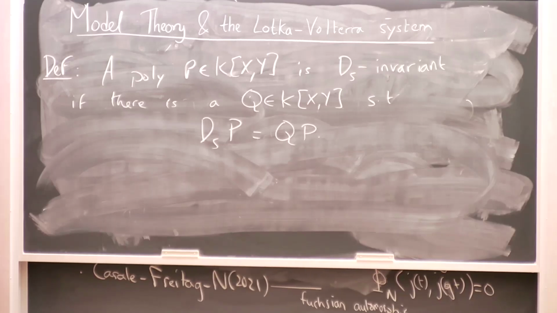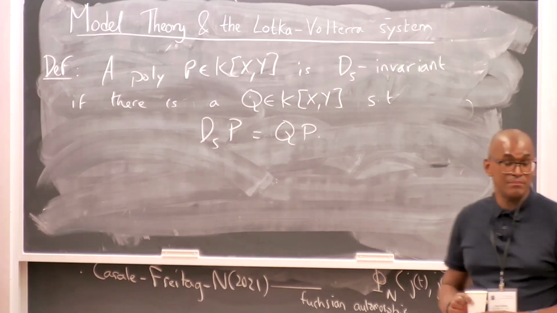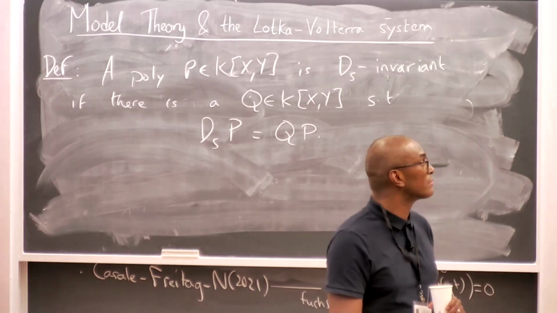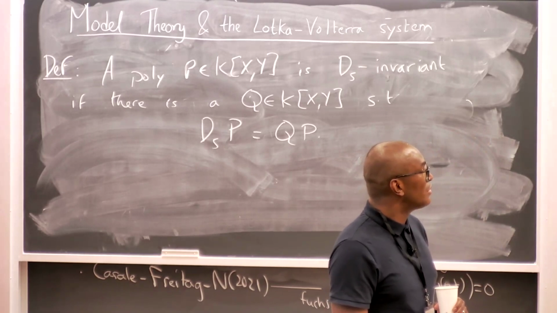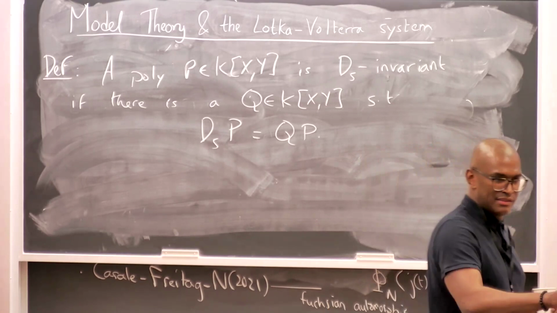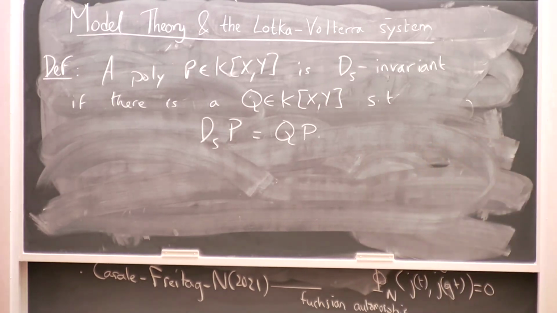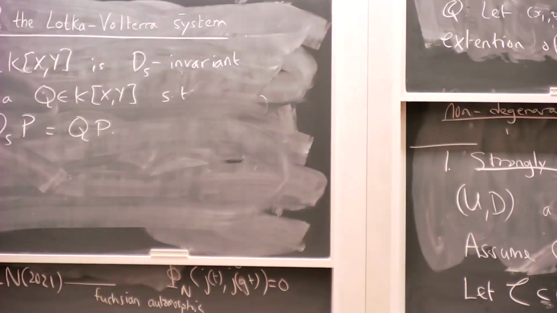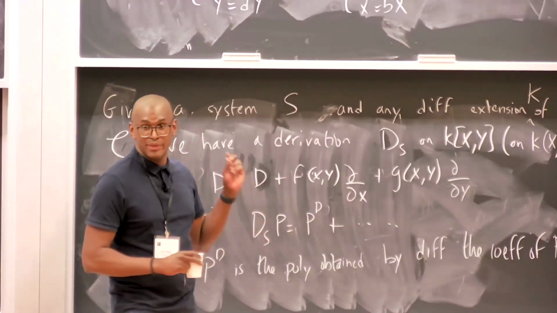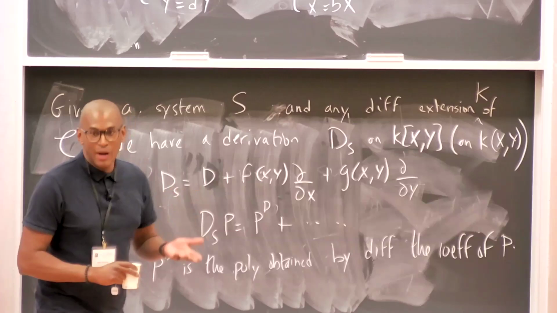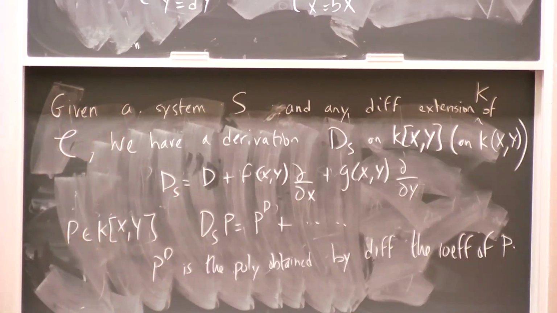You apply the derivation to the coefficients, and then you apply it to x. You simply differentiate with respect to x, treating y and every coefficient in P as constant. Right, yes, exactly.